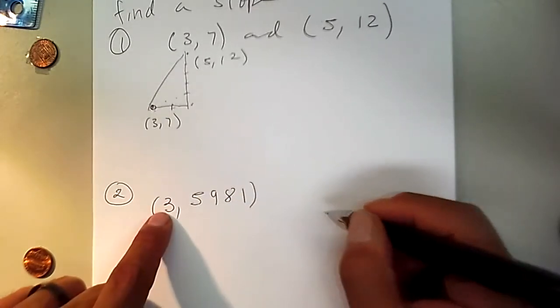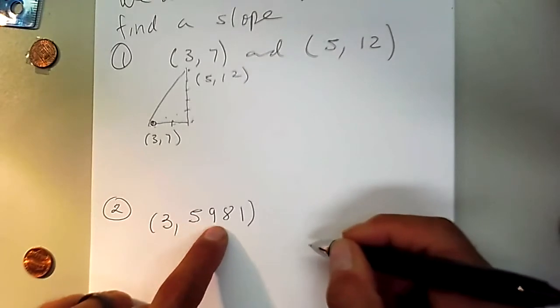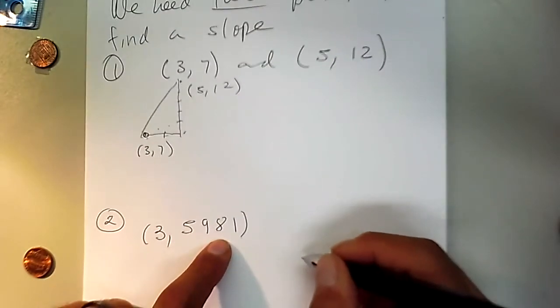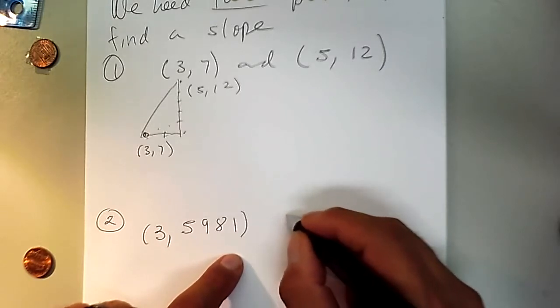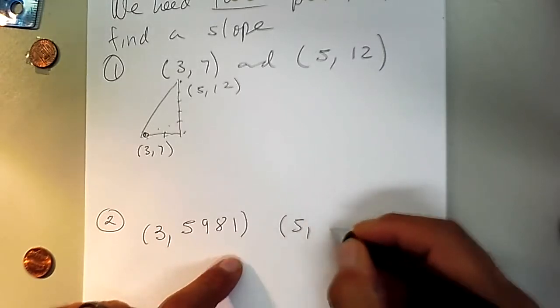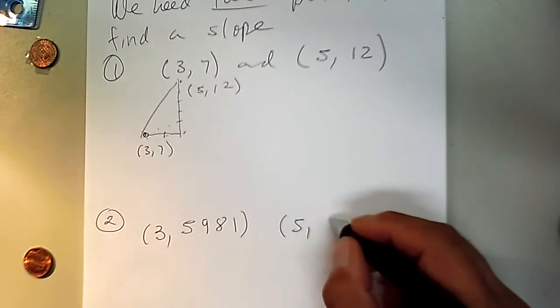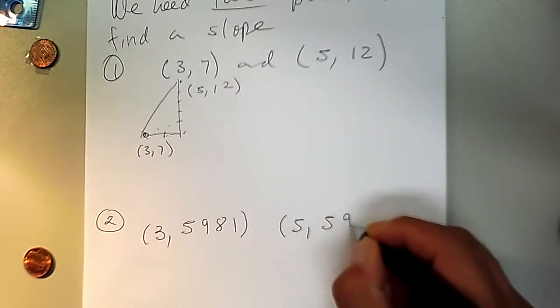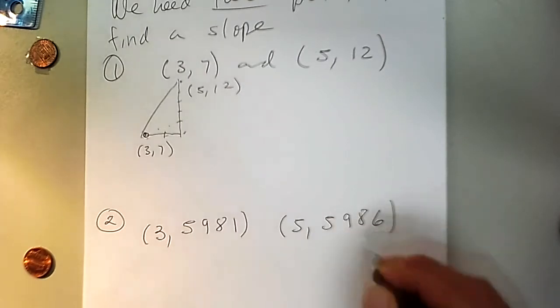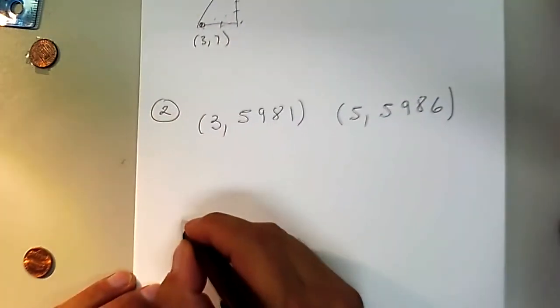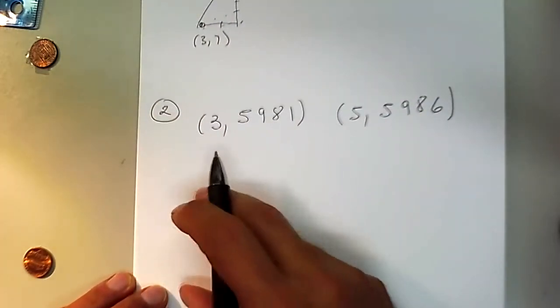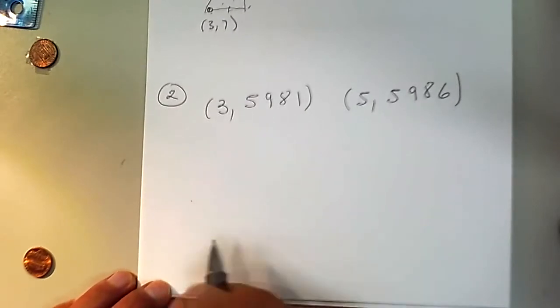So the input is 3, the output is 5,981. And the other point is going to be (5, 5986). Okay, so I don't have to have the x-axis.